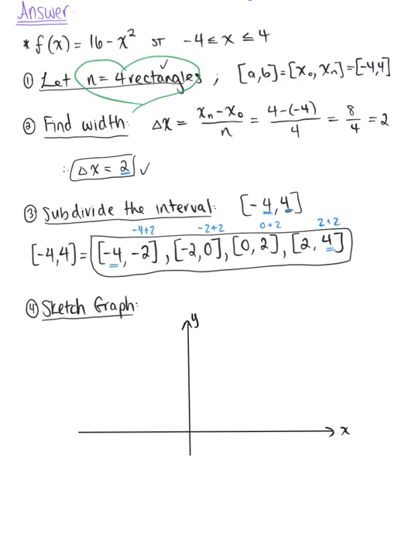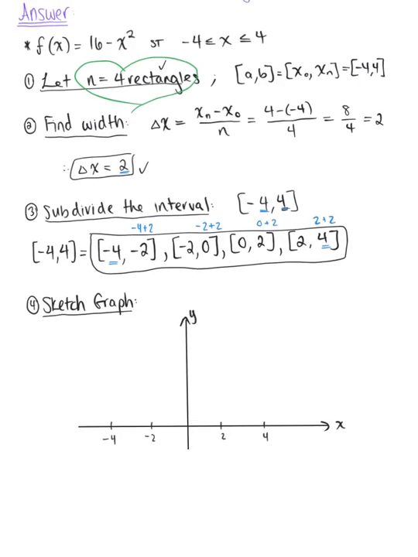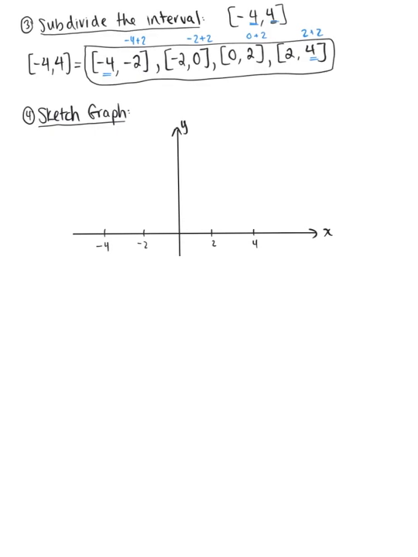Thinking about our subintervals, we'll just do a 2 by 2 scale on x. So there's negative 2, here's negative 4, and then we have positive 2 and positive 4. If you have graphing paper, I encourage you to use it. Next we've got to find the corresponding y values. So let's drop down below and think about that.